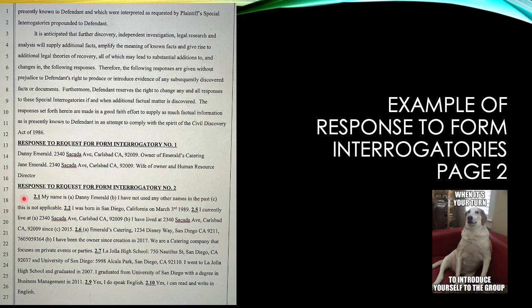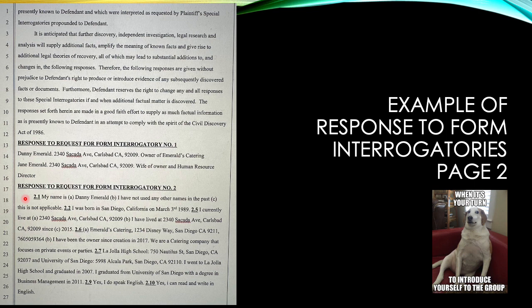This one is more of a formal introduction where you are really getting to know all the general basic information about the individual. So you state your name, every name you've used in the past, dates you've used for that name, which doesn't apply because he's gone by Danny Emerald. You state your present address and any address that you've lived for in the past 5 years.